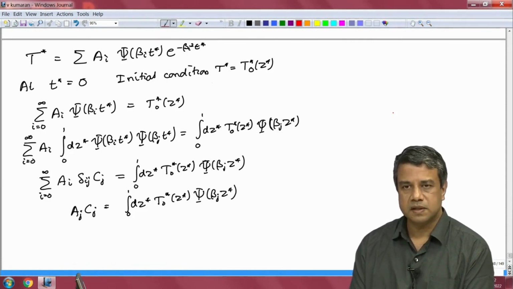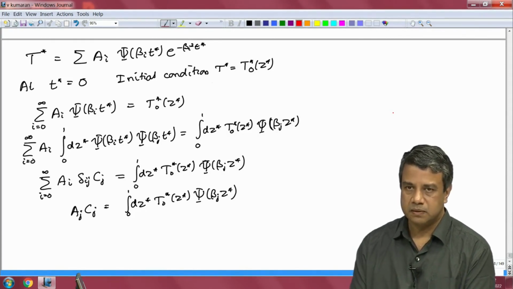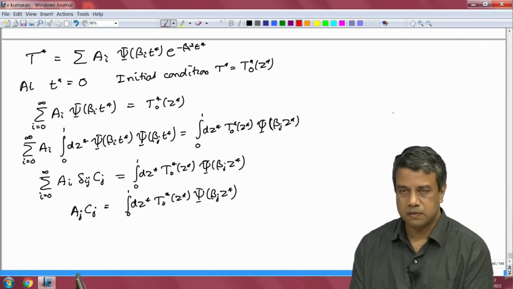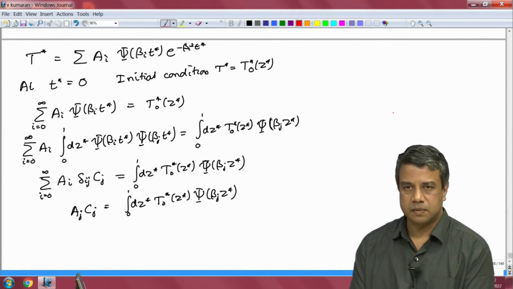So, this completes our discussion of separation of variables in a Cartesian coordinate system. We will come back and look at separation of variables in other coordinate systems also later in the course, but for now, the things to remember: for an unsteady problem, find the final steady state. The transient part is the difference between the instantaneous temperature and the final steady temperature.